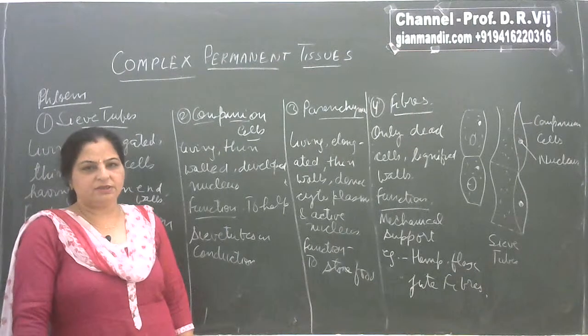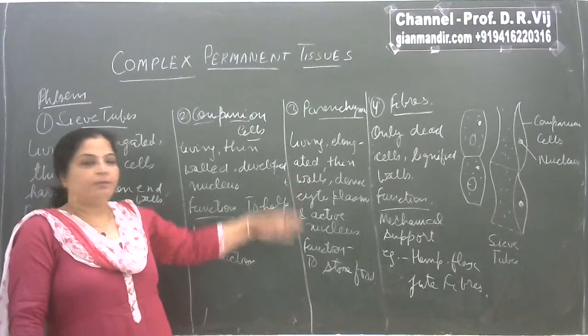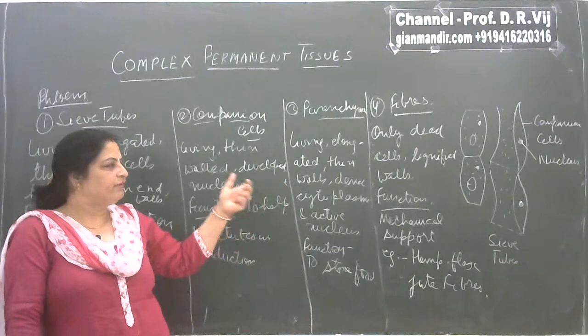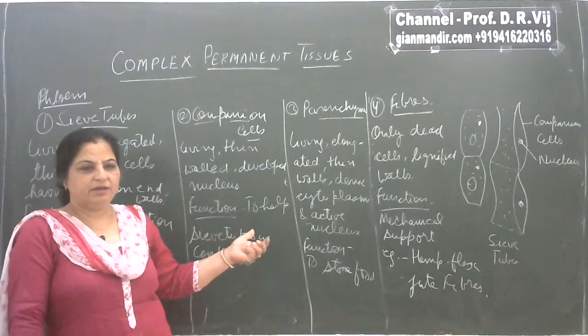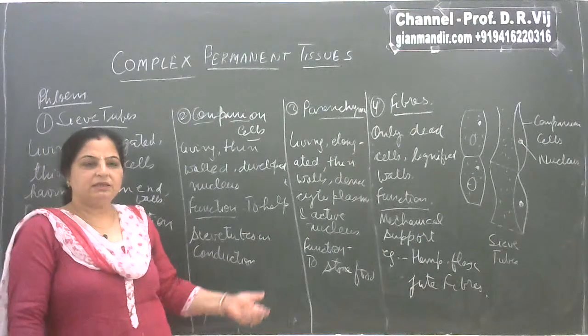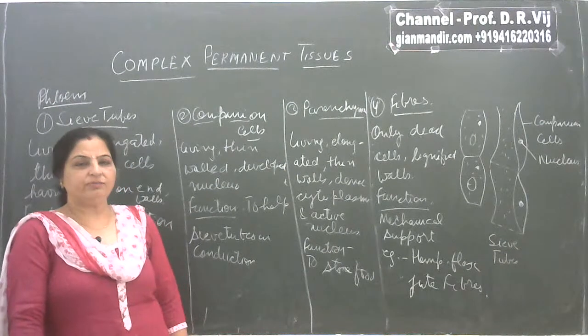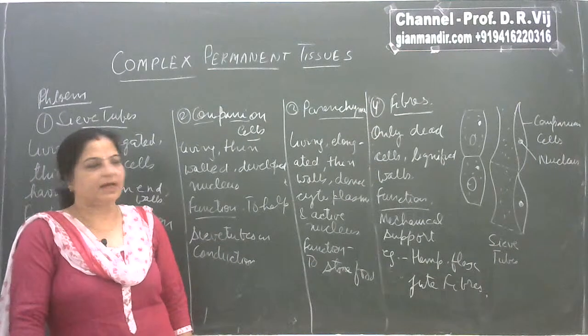Long thin walled cells having a single developed nucleus, and parenchyma, the third component, again a living component having elongated thin walled cells, with dense cytoplasm and a very well developed nucleus, and their function is basically to store food so that it can provide energy to the phloem for performing all its activities.